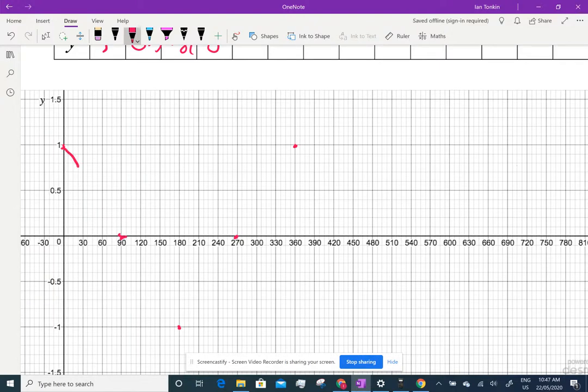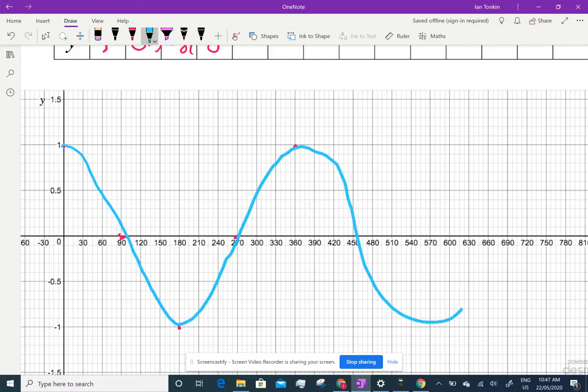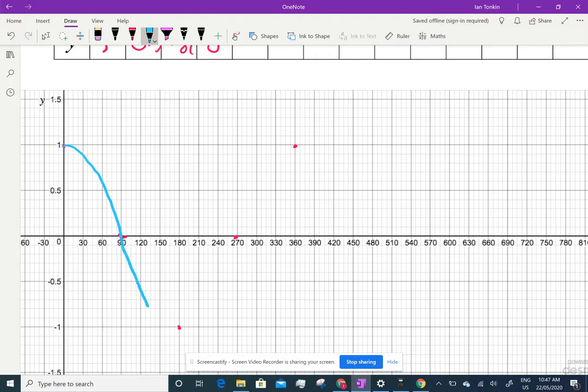So it's going to go like this. Oh, that's really bad. I'm going to get rid of that. I'll try it again, because it's a real curve. I'm going to rub that out and do it again because it's not very accurate, but it's coming down. That's a bit better, except it should go through 270.